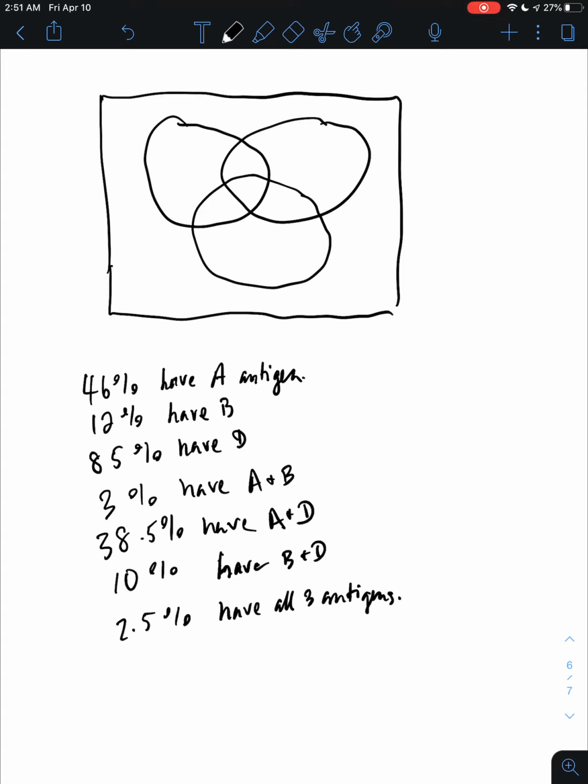All right, so let's try to assemble that in our diagram. The easiest one is the one that has all three. The number doesn't change, so that is 2.5%.